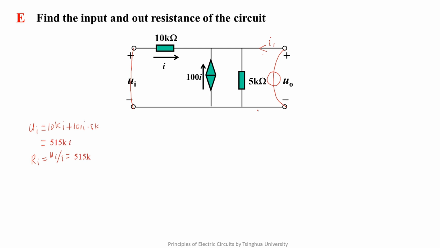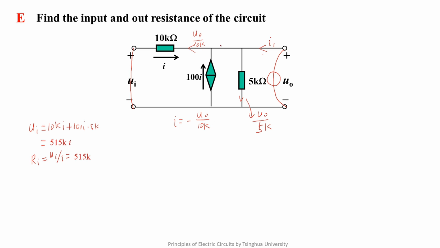The current here is UO over 5K. The current here is UO over 10K. So I equals minus UO over 10K.